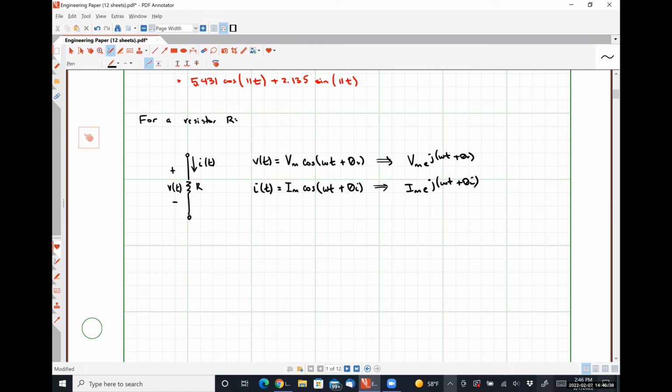So, Kennedy, what's the relationship between voltage and current for a resistor? Yeah, V is equal to I times R. Exactly right, just good old Ohm's law.